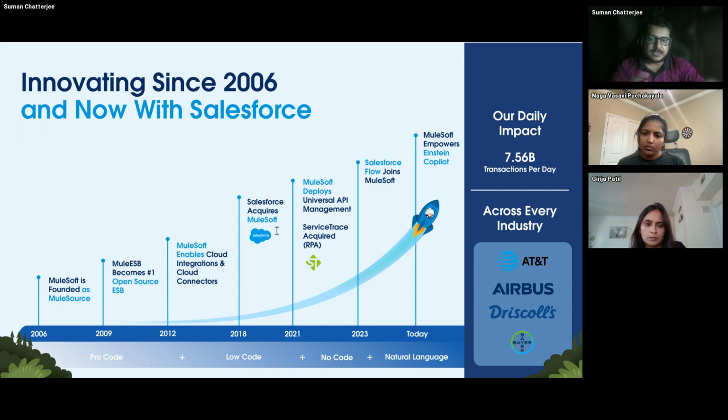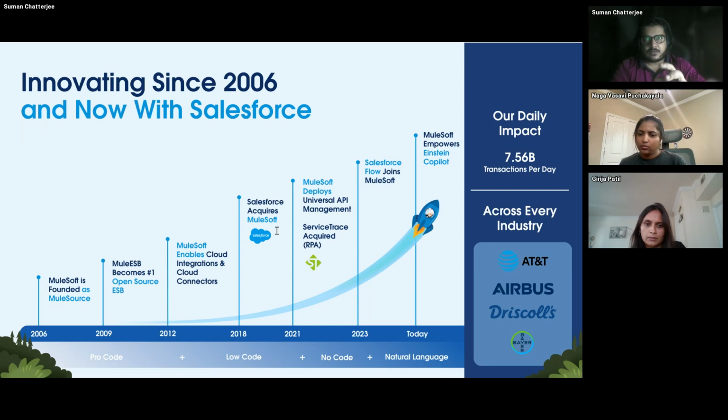Now, this sudden change actually helped MuleSoft. They accelerated their integration capabilities, facilitating seamless connections with other applications and third-party platforms, and that enhanced the experiences for the cloud services across the globe.